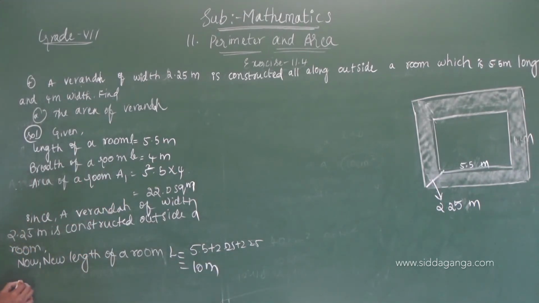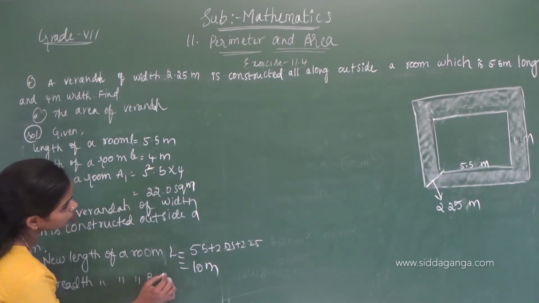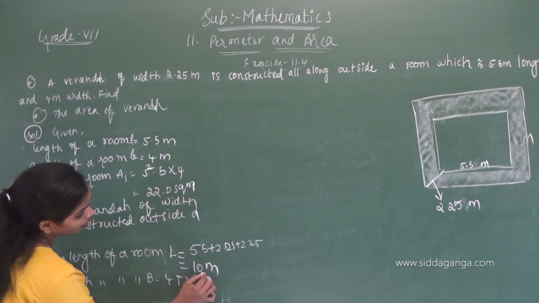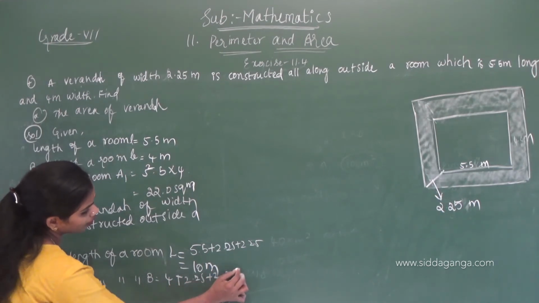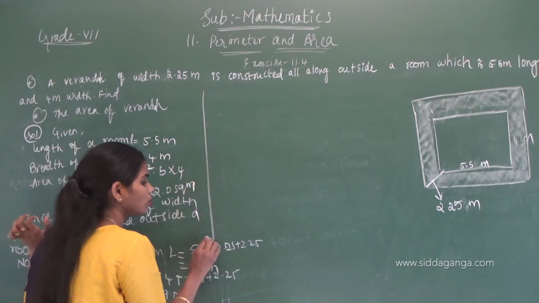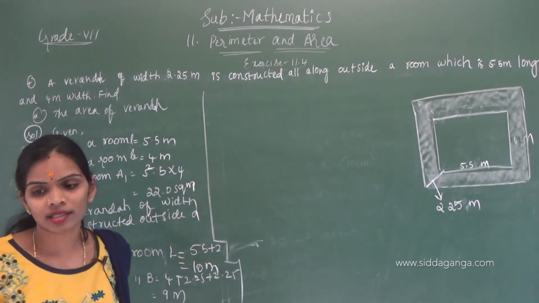Correct? New breadth of the room, B equals 4 plus 2.25 plus 2.25, that is 8.5 meters. Correct, children?